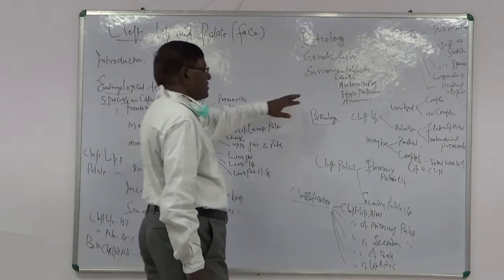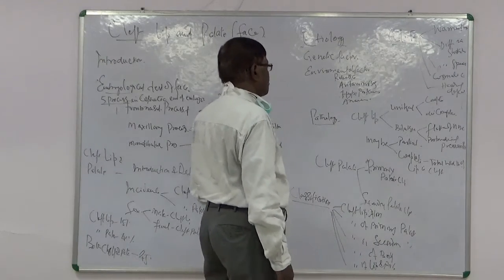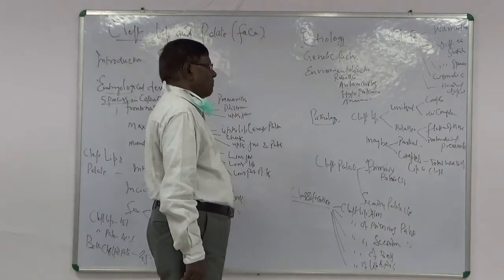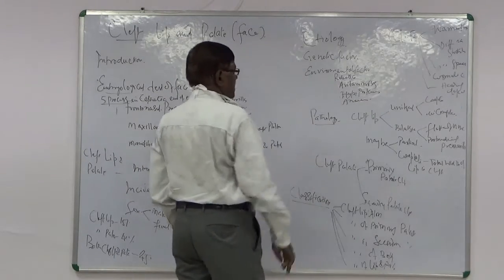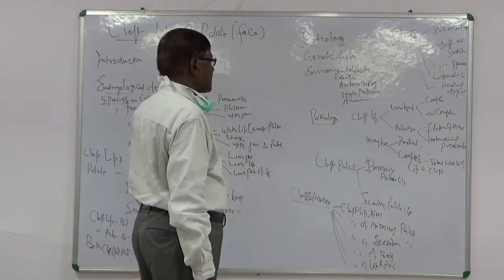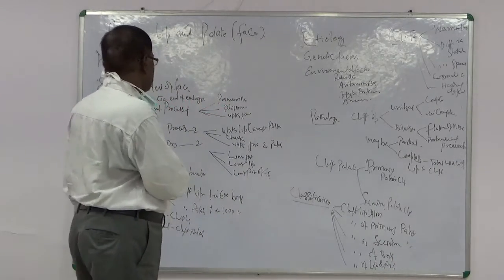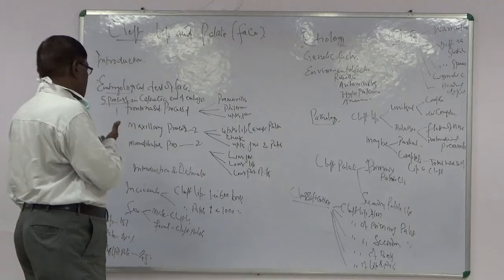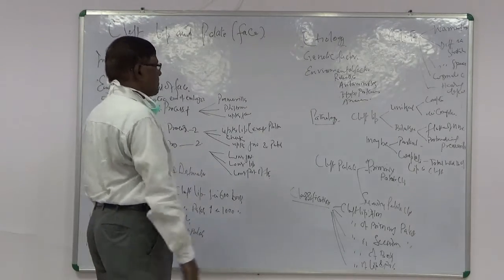Also, if the pregnant mother is not taking proper food or is malnourished, there is avitaminosis, and mostly vitamin A deficiency can cause this congenital anomaly, that is failure of fusion of the frontonasal process and the maxillary process, and develop cleft lip and palate.